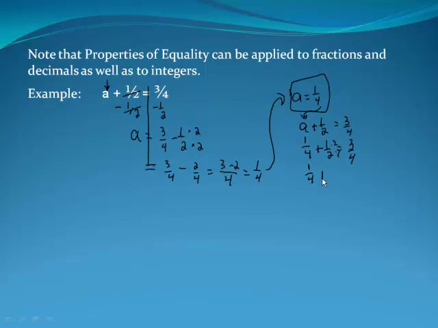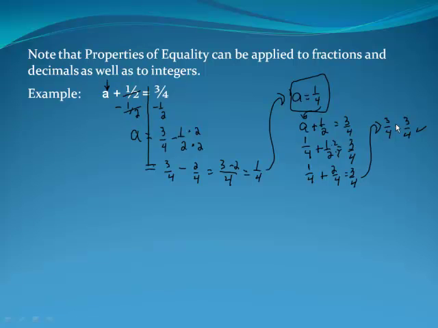Now I've got 1/4 plus 2/4 equals 3/4. And if I then do the addition on the left-hand side, 1 plus 2 is 3/4 on the left-hand side. That's the same thing I have on my right-hand side. Looks good and checks out.